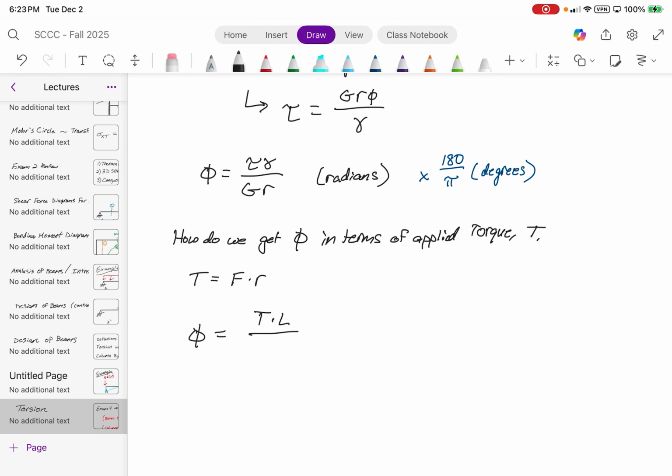L over GJ, right? Yes. Gamma is equal to the shear strain, which is going to equal shear stress over G. And lastly, J, which is equal to the polar moment of inertia.